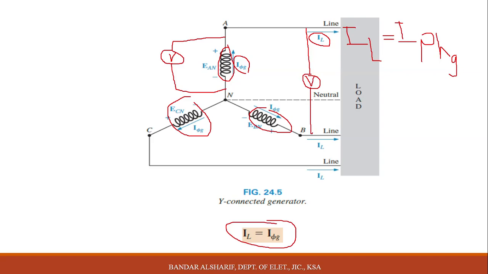This will give you voltage VAB. Okay, and here you will get the other voltage, which is VBC. Okay, and we can draw from A to C voltage VCA. Okay, my students, now we distinguish between current line, current phase, voltage phase and voltage line.